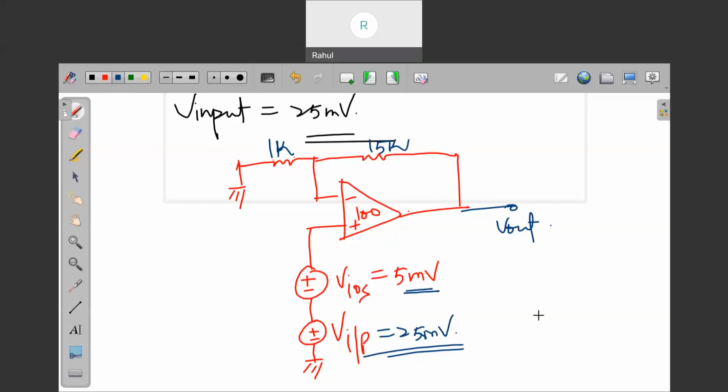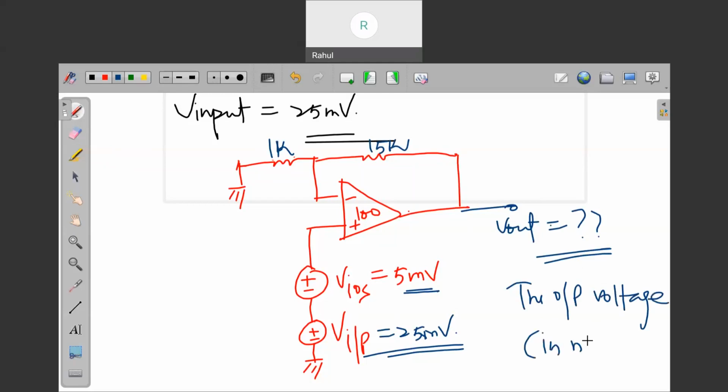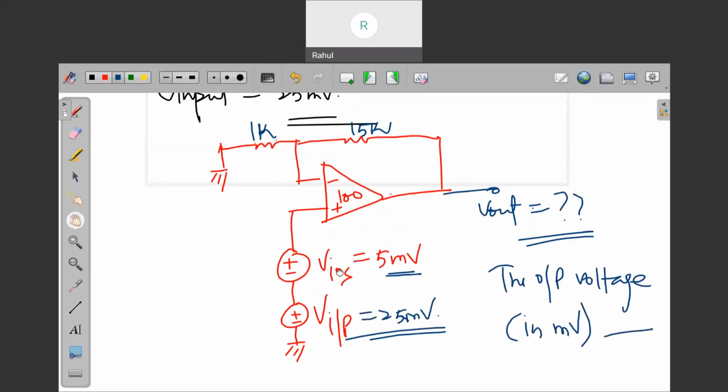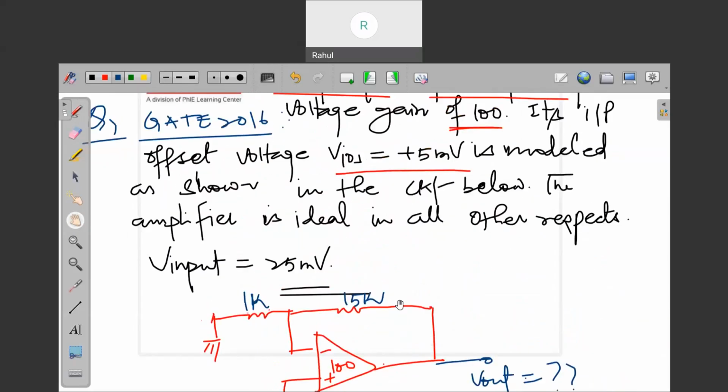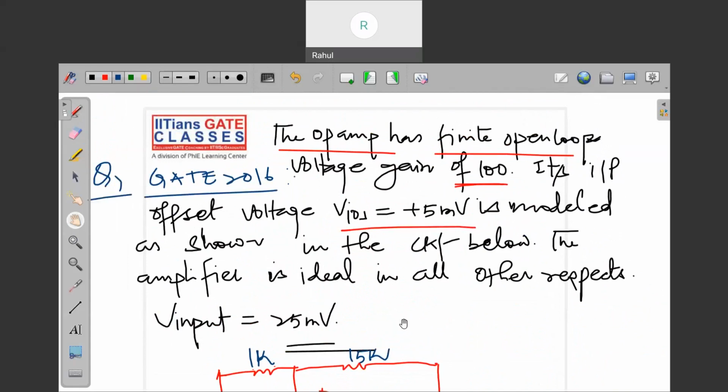So what shall be the output voltage? You have to find the output voltage in millivolt. You can go through the question again. The op-amp has finite open loop gain 100.